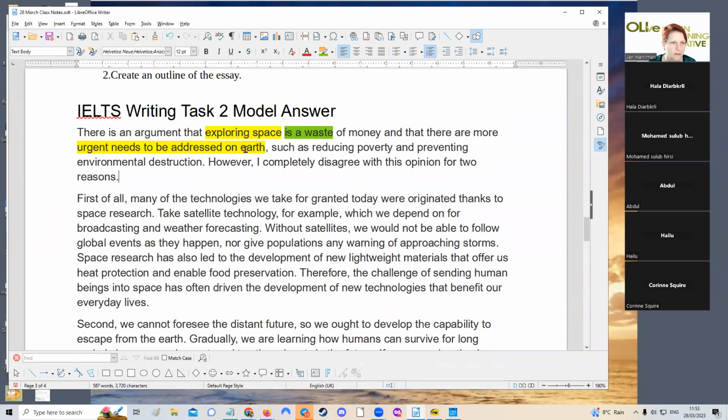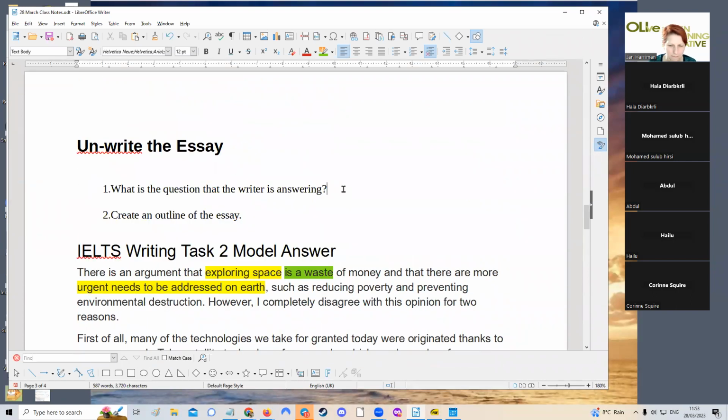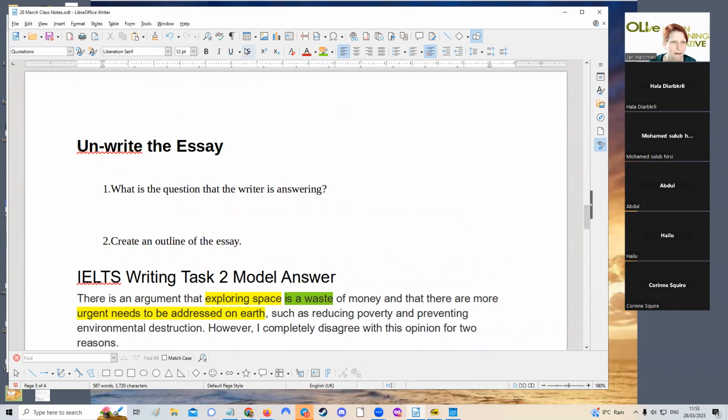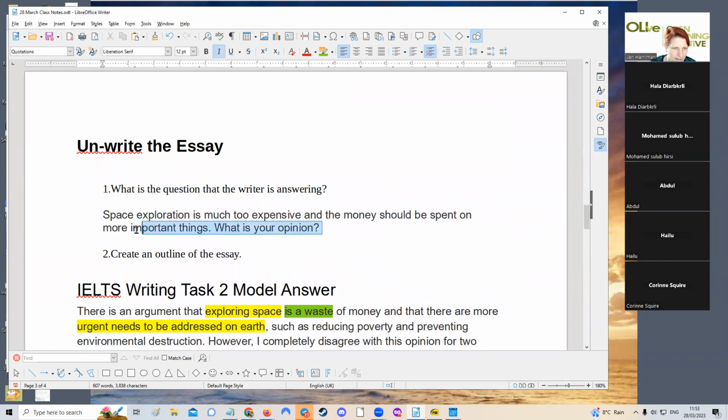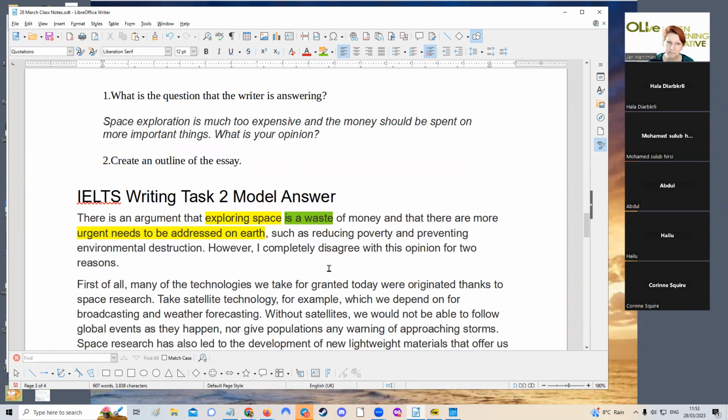So the actual question was, space exploration is much too expensive and the money should be spent on more important things. What is your opinion? Is that clear?